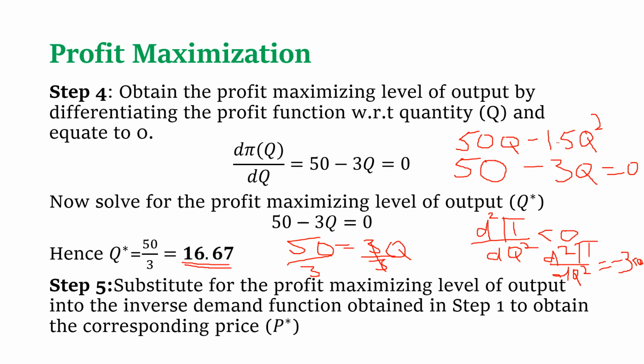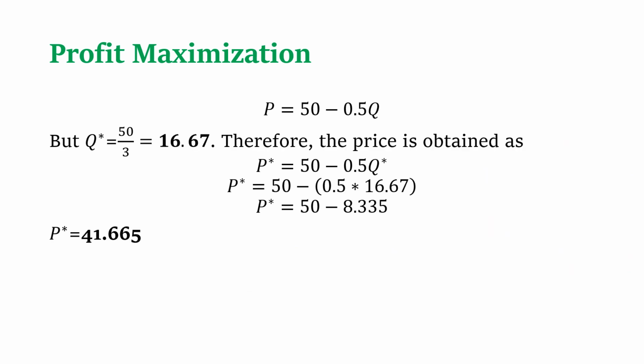The final step is what? We substitute the profit maximizing level of output into the inverse demand function to obtain the corresponding price. Right? Now you want the corresponding price. How do you do that? Price is 50 minus 0.5q, right? Already you know Q star, it's 16.67.